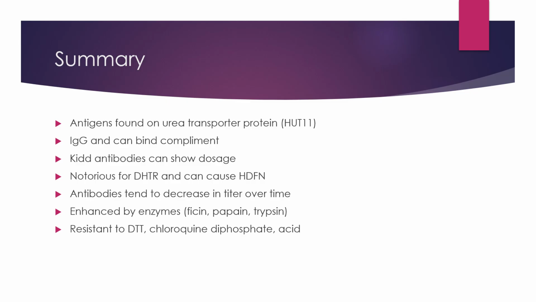Kidd antibodies are notorious for causing delayed hemolytic transfusion reactions and can cause mild hemolytic disease of the fetus and newborn. Kidd antibodies tend to decrease in titer over time, meaning a patient's antibody screen may be negative. This is why it's important to have good patient history. Kidd antibodies and antigens will be enhanced by enzymes and resistant to DTT, chloroquine diphosphate, and acid.